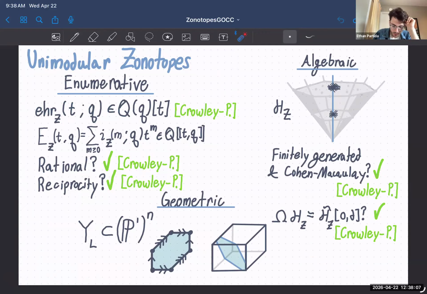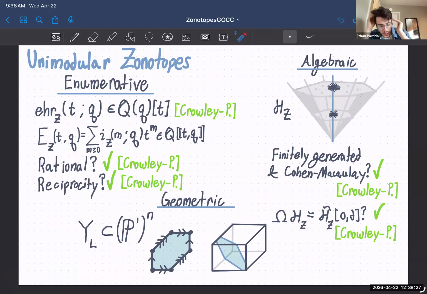So we prove all of Rhoades and Reiner's conjectures in this case. In particular, these harmonic algebras will be finitely generated, unlike the general case, and they're also nice. And the enumerative conjectures are also true in this case.